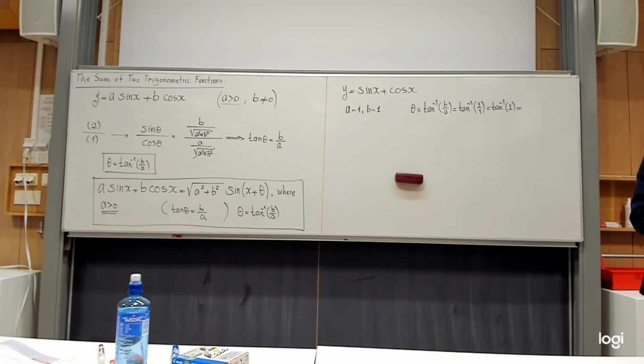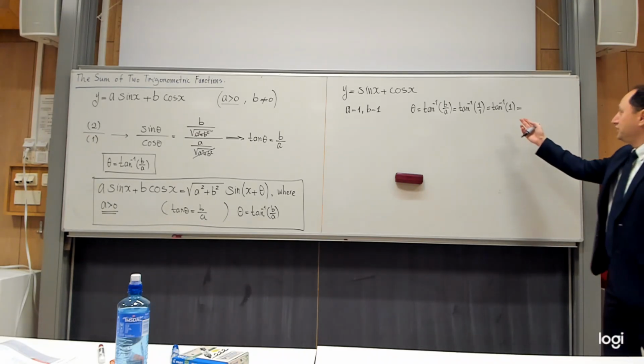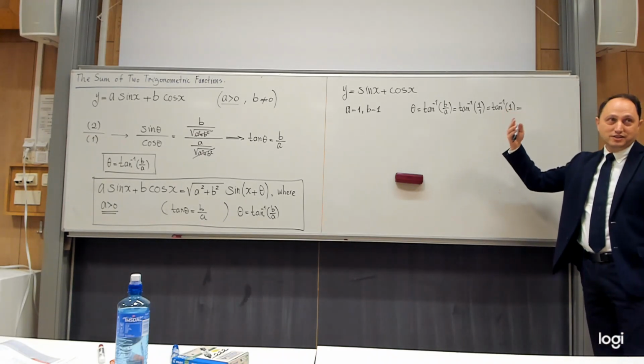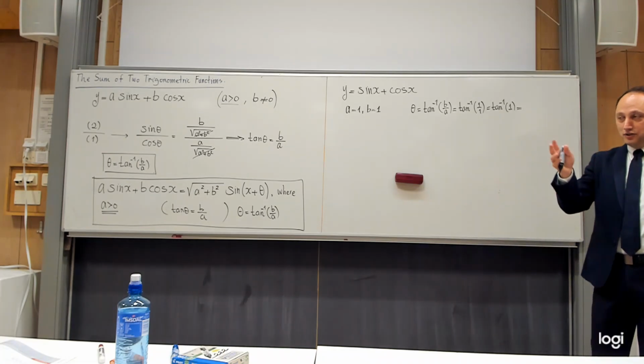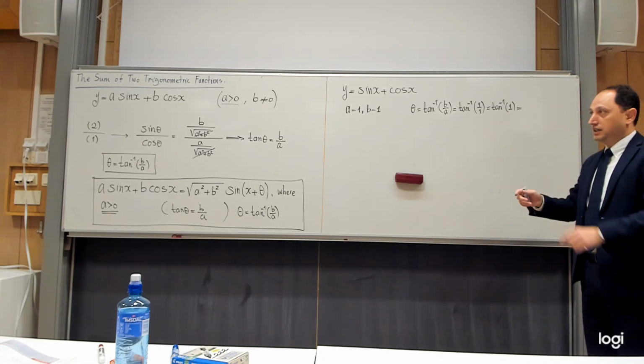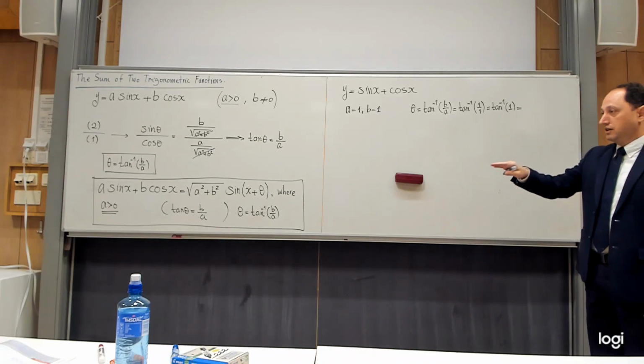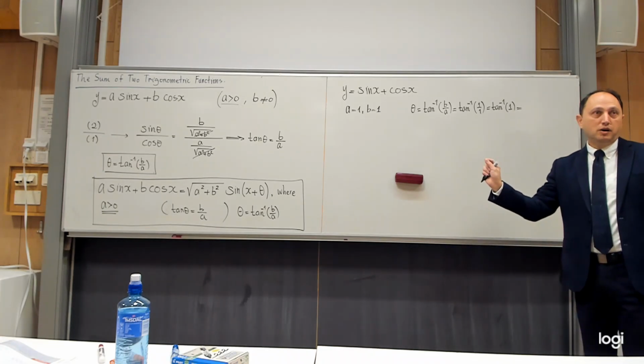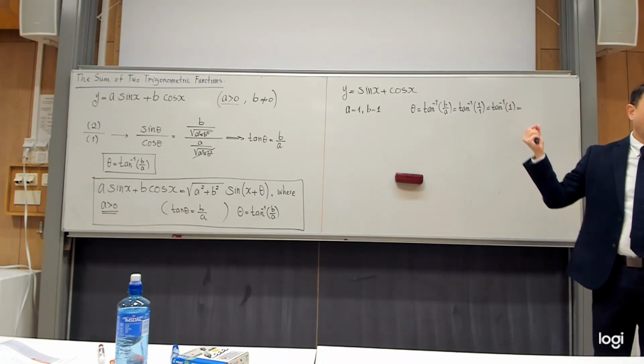I hope that you remember it's 45 degrees. If you don't remember, you either need to go to the table, but at least you need to know that 1 for tangent is a famous number. Or you go to that long table, and then you go to the tangent line and see where the tangent becomes 1, and then read the angle, yes?